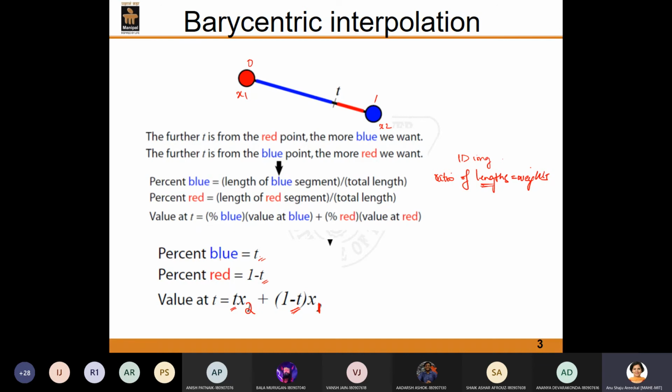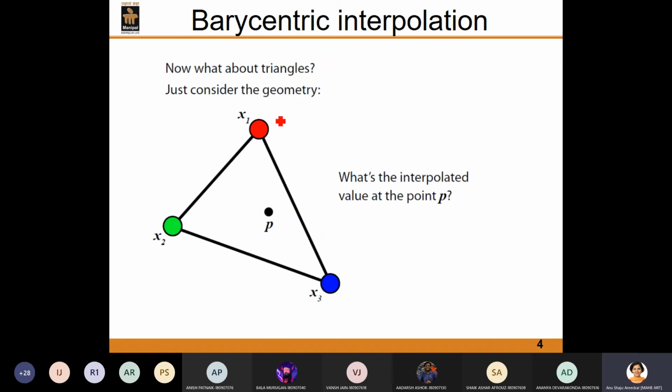So what if it is an actual image? It is a 2D image, right? It's not just one-dimensional, it's a 2D image. So if you have a 2D image, then how do you do this interpolation? To understand that, let's say you have three pixels over here, given by x1, x2, and x3.